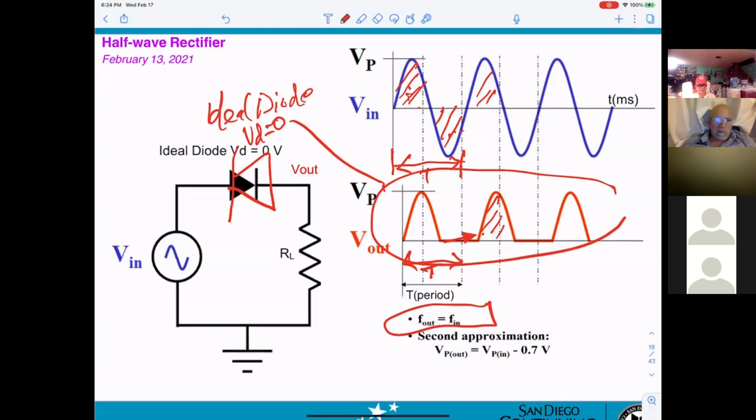However, for a normal diode, for second approximation, the voltage will be 0.7. Now, I'm trying to make it clear here for you guys.